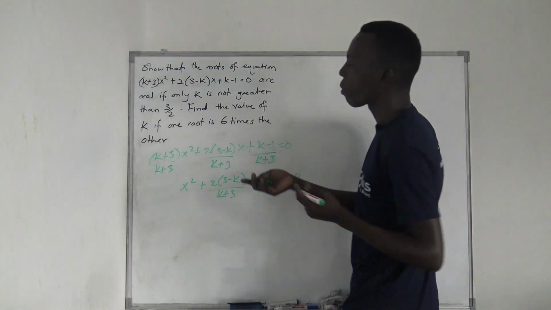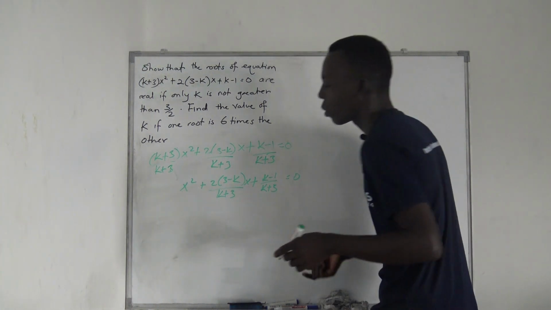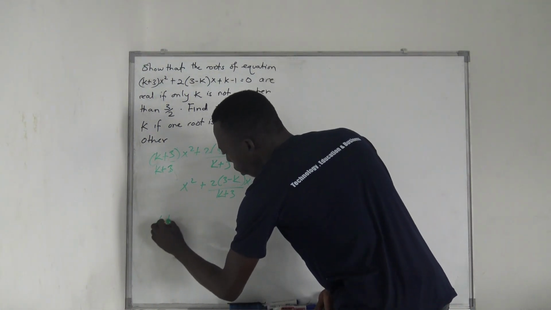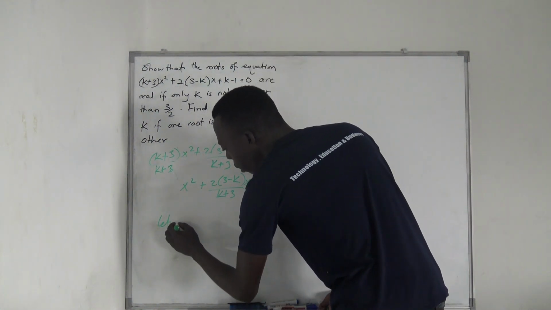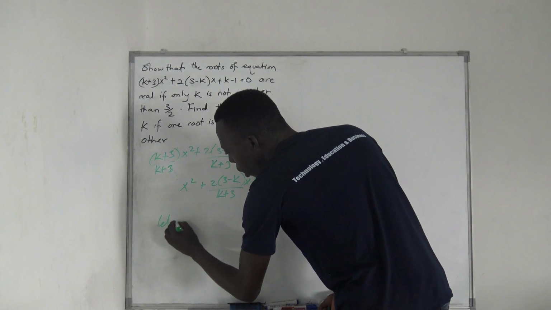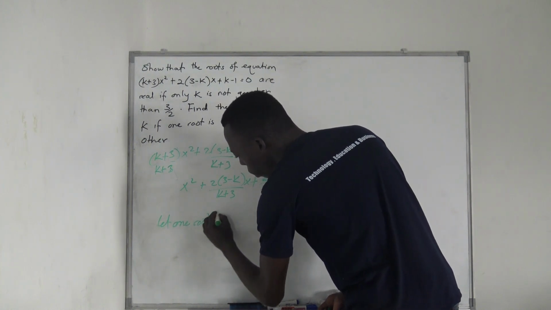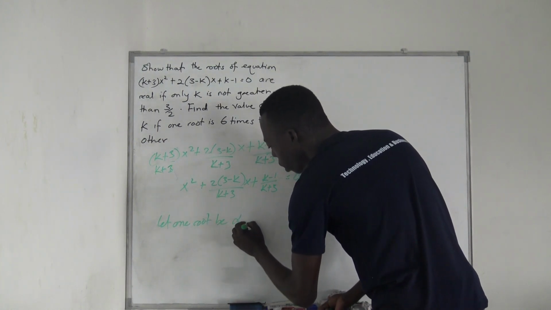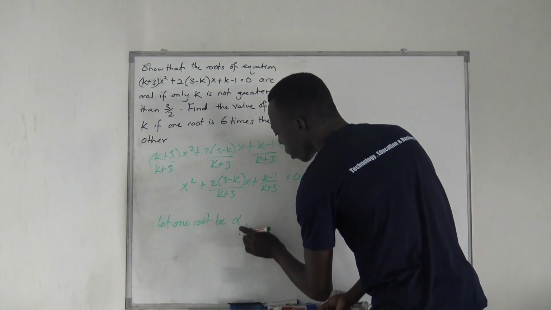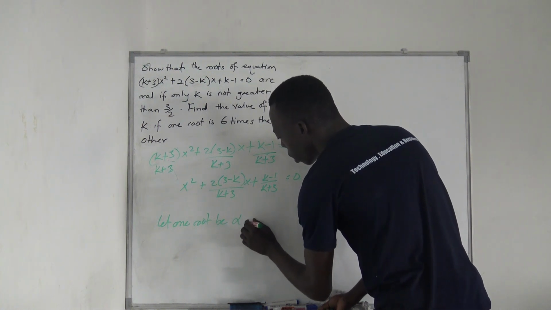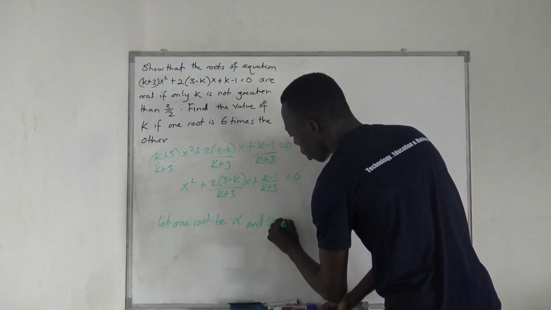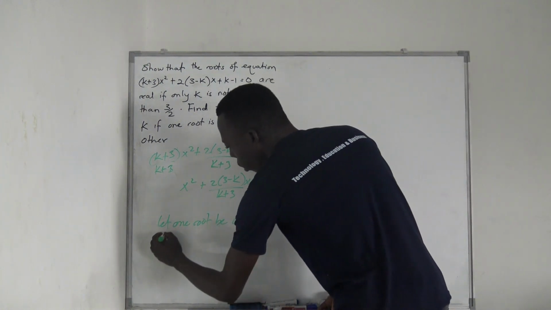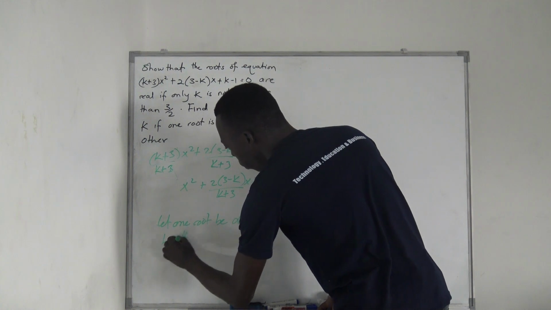Then they say that if one root, so I say now let one root be alpha, and the second one be beta.